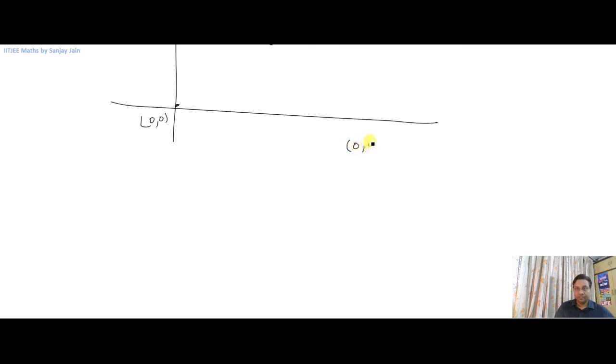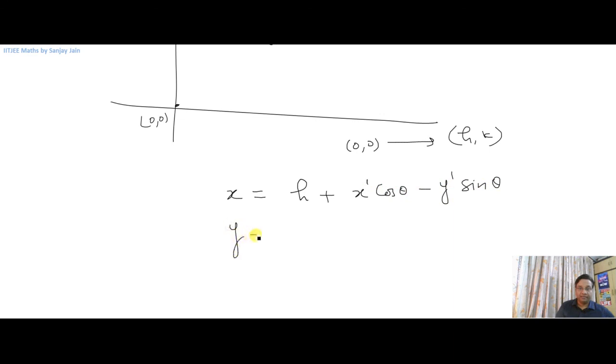So the origin, let us say, is shifted to h comma k, right? And the old coordinates x will be equal to h plus x dash cos theta minus y dash sin theta, and y will be equal to k plus x dash sin theta plus y dash cos theta.